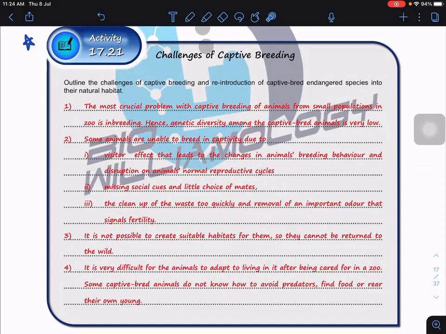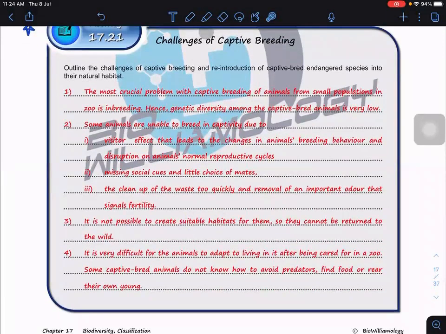Okay, so it's possible to create a suitable habitat sometimes, but they still cannot be returned to the wild. Are you clear? Because sometimes you look at the habitats, you have to make sure there's no predator, okay? And sometimes it's not that there's no suitable habitat, but you can't release them at all. Why?